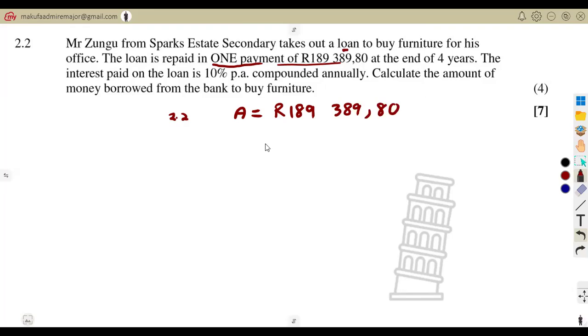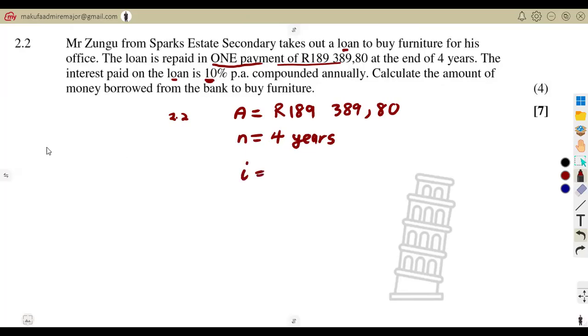At the end of 4 years, we are also given the period, the time frame. The interest paid on the loan is, we're now given interest of 10%.